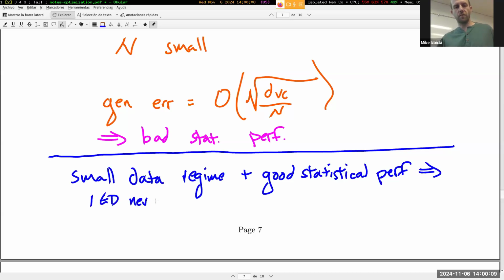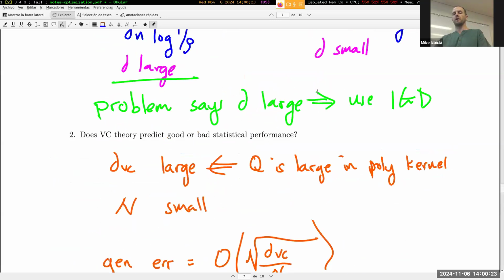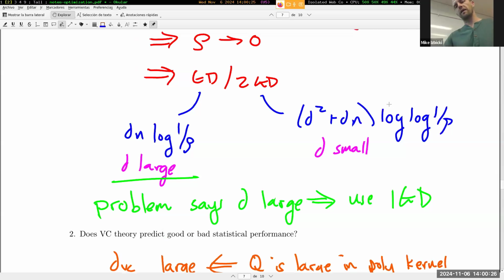Good statistical performance here implies that the VC dimension, or the dimensionality of our problem space, is very small. Because the dimensionality is very small, the log term over here is going to dominate instead of the d squared term. And so second order stochastic gradient descent will be the better solution.